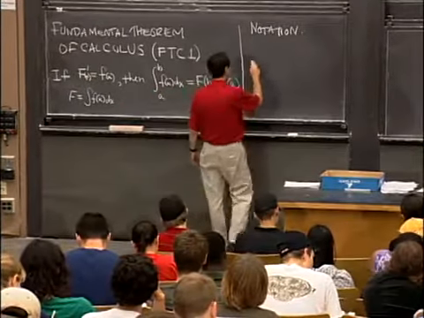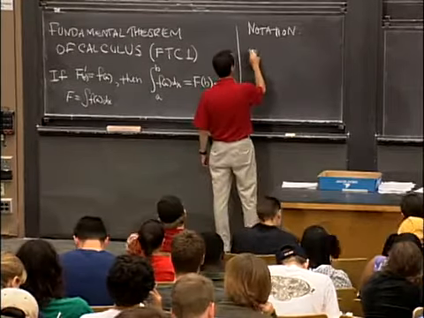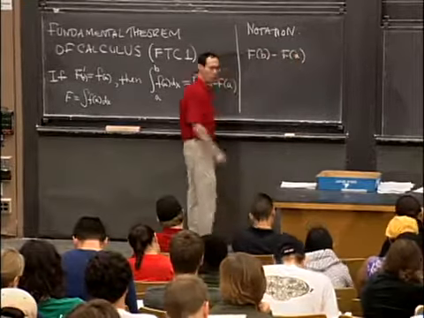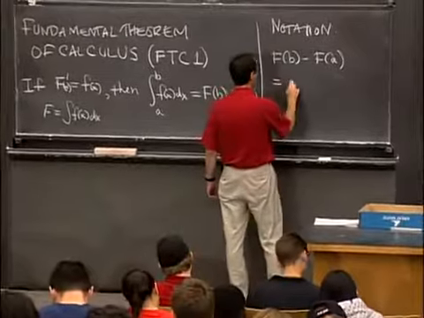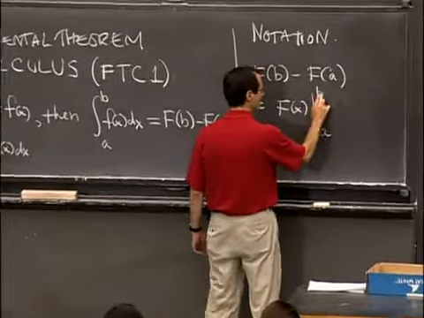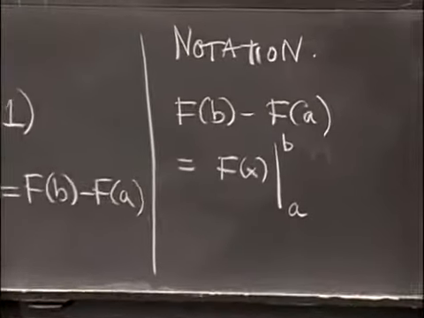It's an abbreviation. For right now, there will be a lot of Fs. But anyway, whenever I have a difference between a function at two values, I can also write this as F of x with an a down here and a b up there. So that's the notation that we use.